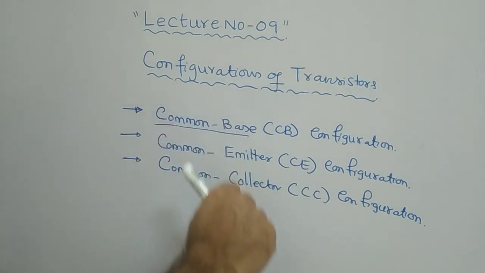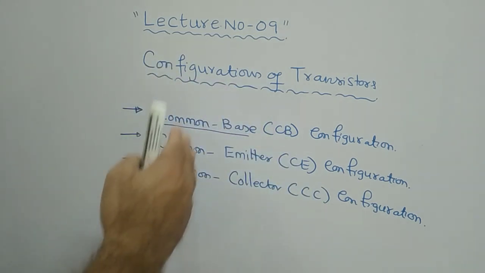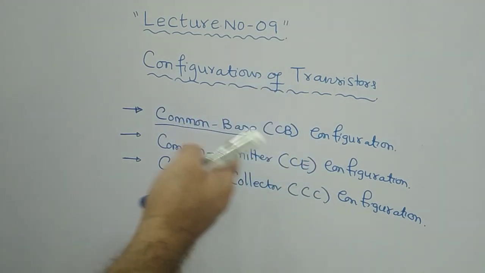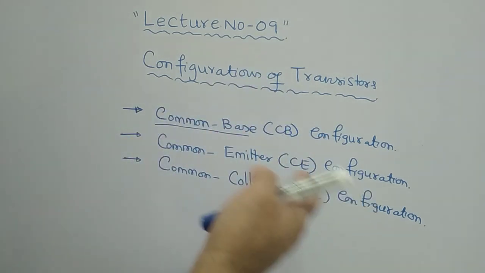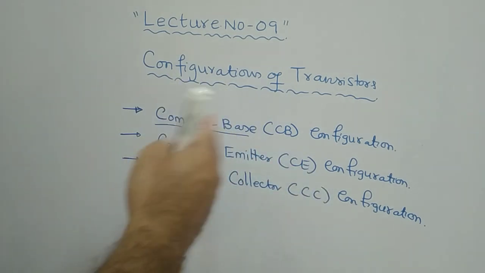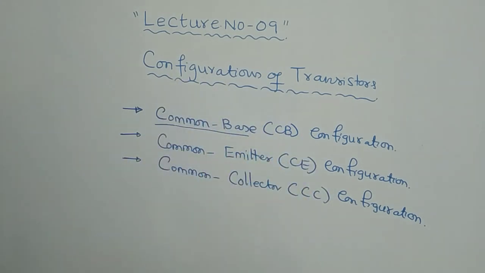In each of these three configurations, you will be asked the input and output characteristics of either CB configuration, CE configuration, or a CC configuration. So, this is a very important question in examinations as far as your academics is concerned, right?